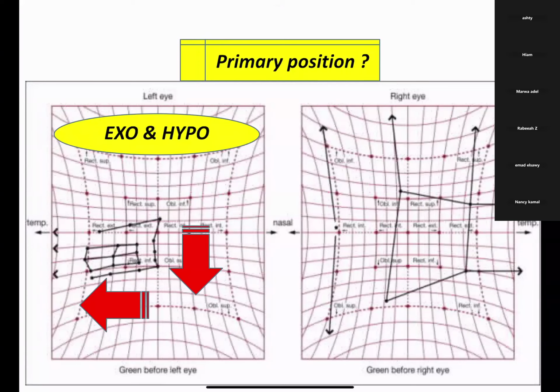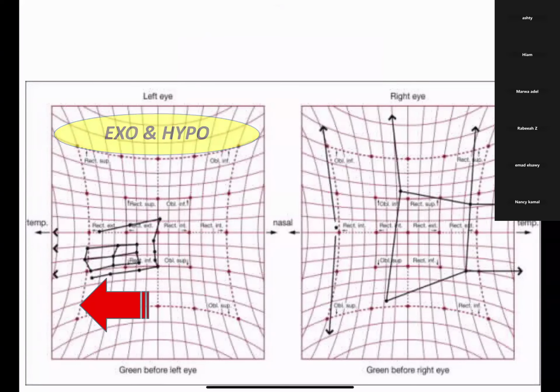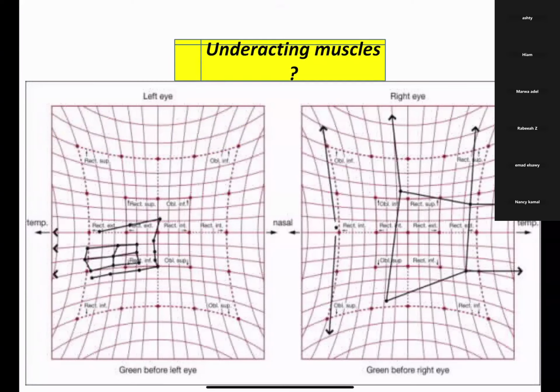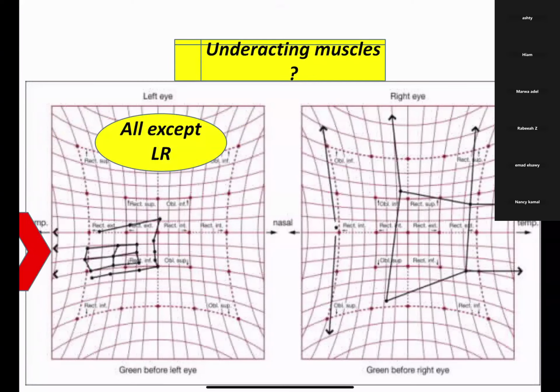So most probably, the third nerve of the left eye is affected. As we mentioned, all of the muscles are affected apart from the lateral rectus, so the superior rectus, the medial rectus, the inferior rectus, and the inferior oblique are all underacting, which makes complete third nerve palsy possible in this eye.